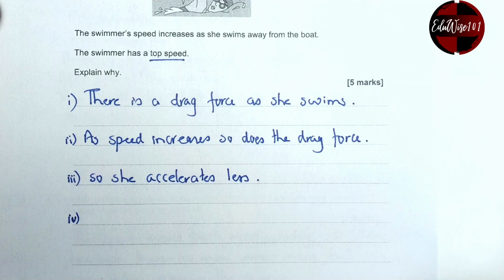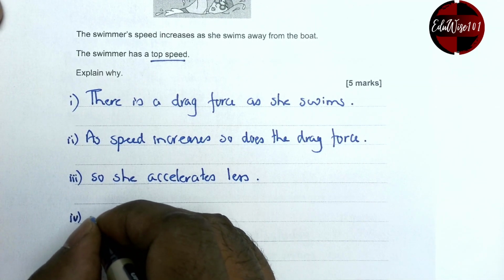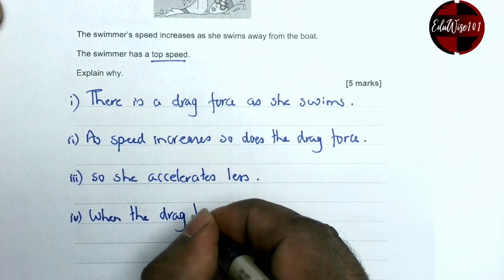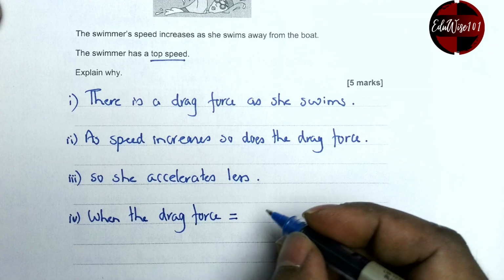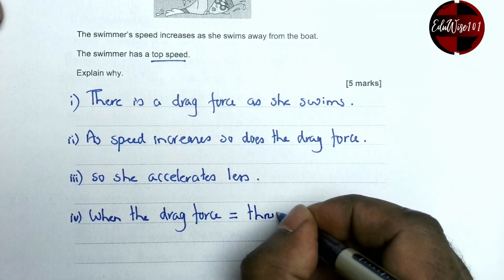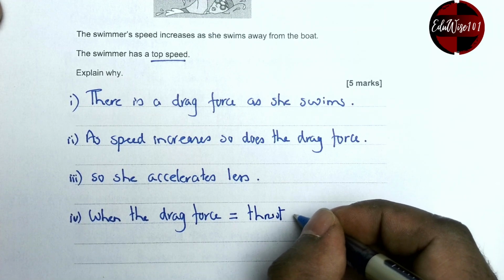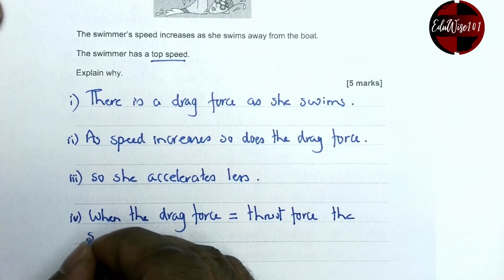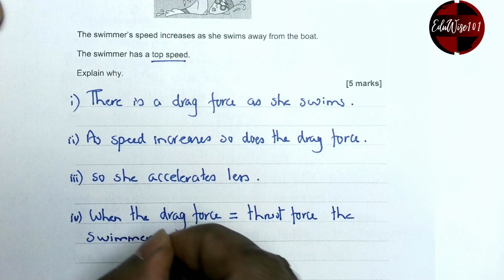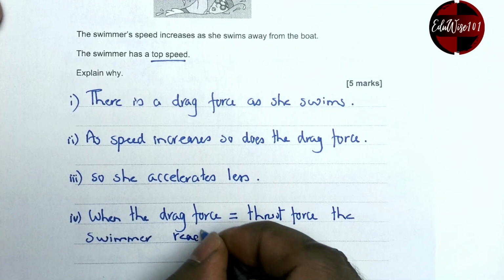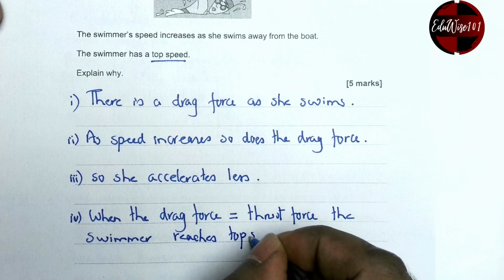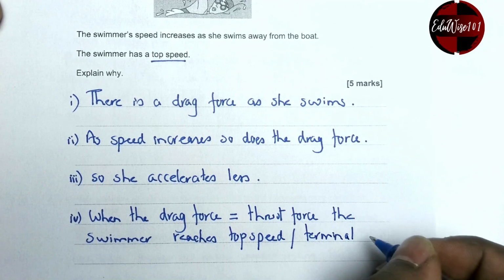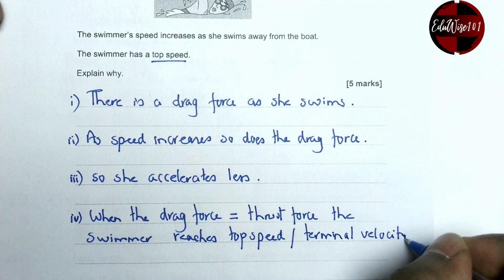Point 4. When the drag force equals the thrust force, the swimmer reaches top speed or terminal velocity.